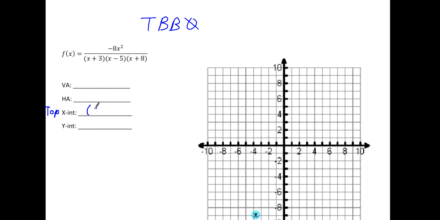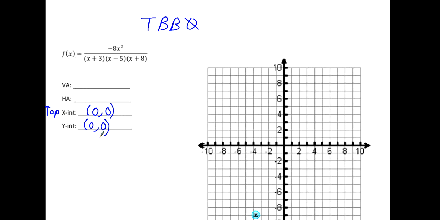So my x-intercept is at 0, 0. Okay. And we talked about this before. Since my x-intercept's 0, 0, my y-intercept is automatically 0, 0. So we knocked out 2 birds with 1 stone there.